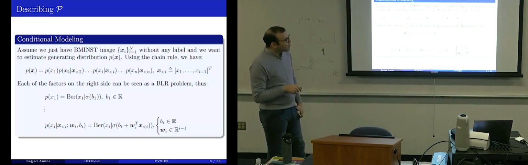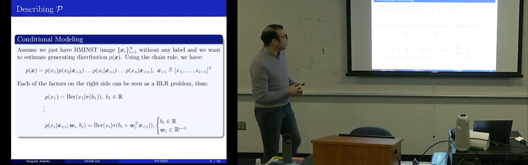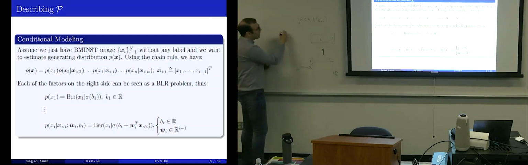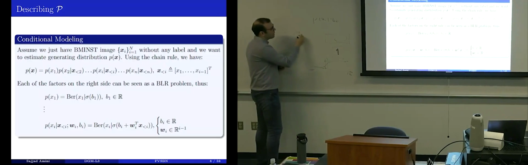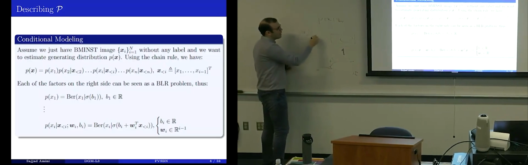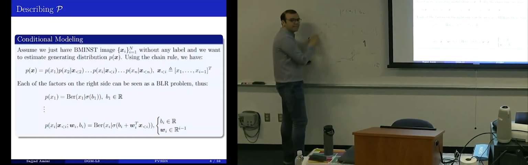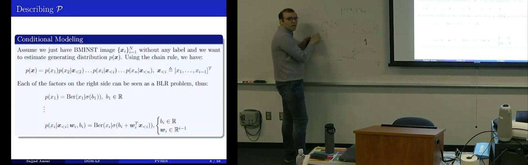I impose some restrictions. In the general case, what should I do here? Assume that I am in the second place and I want to model this distribution. How many parameters should I have here? For the general case, I should have 2 parameters.